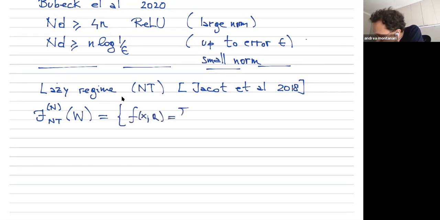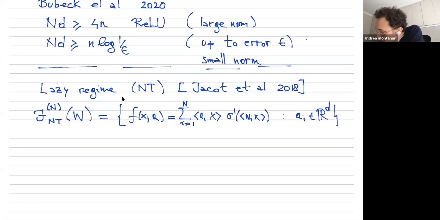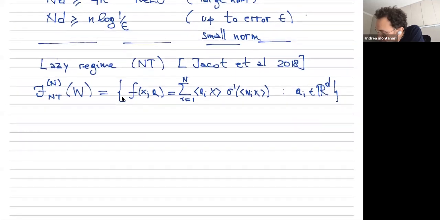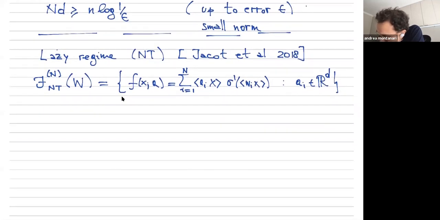f(x; a) that takes the form sum over i from 1 to n of <a_i, x> times sigma prime of <w_i, x>. These brackets are scalar products, and this is parameterized by a set of vectors a_i in R^d. Here the weights W are fixed. So W is w_1 to w_n.